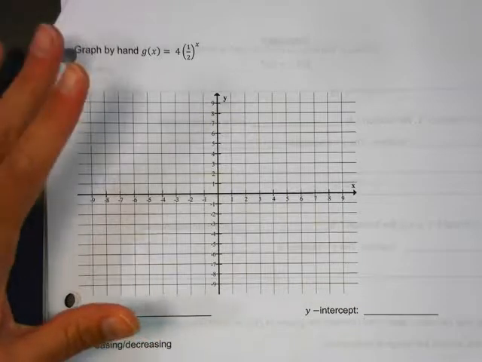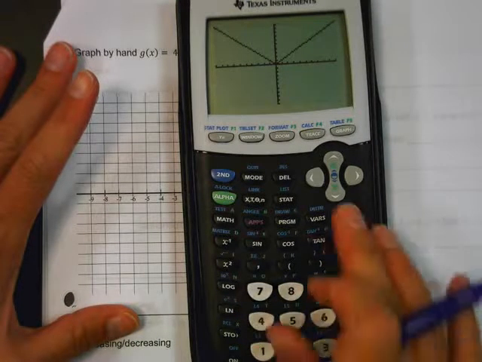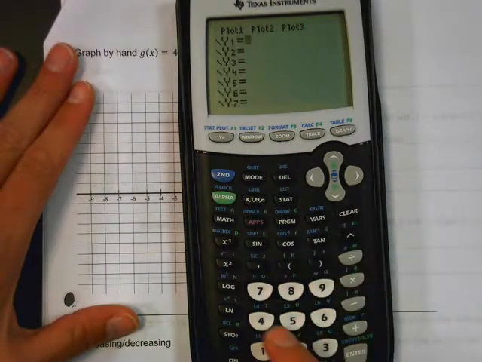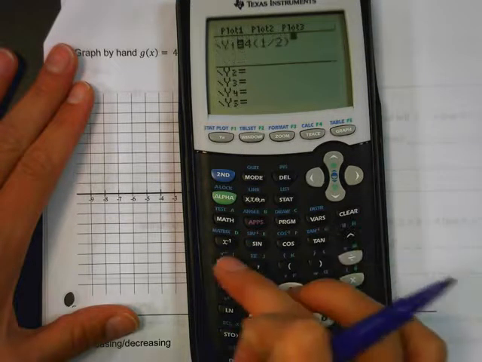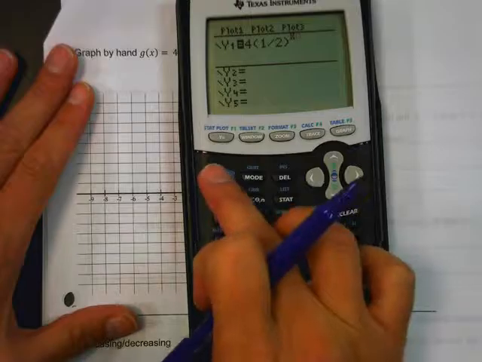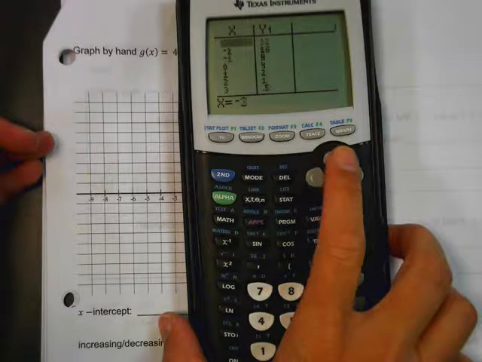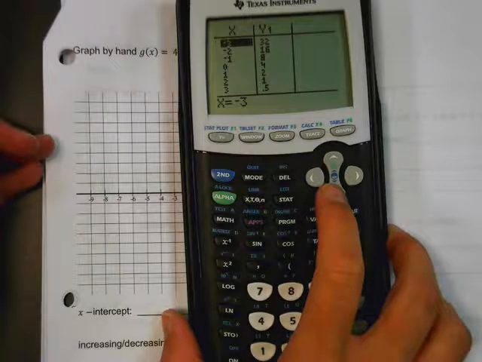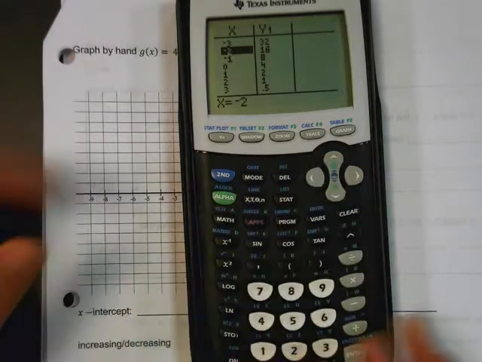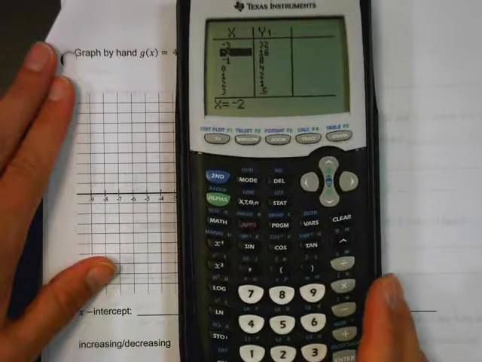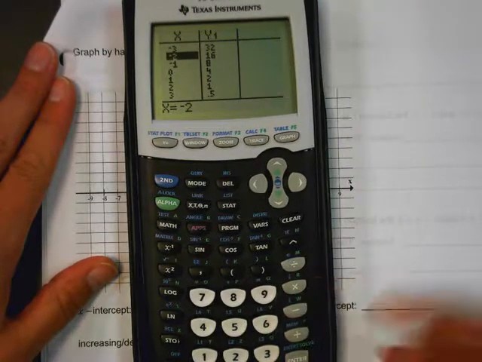All right, so I'm going to make a table of values on Jake's calculator. And you don't have to do this. I'm just going to pop the table up. So he has this nice scrolling. So we'll start at -2 because we can get that on my graph.